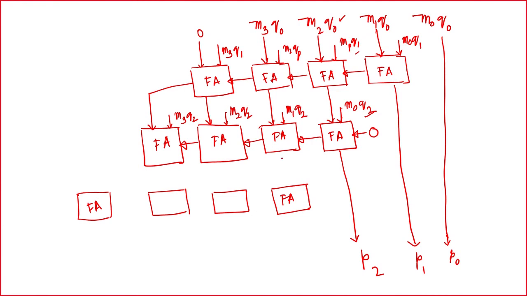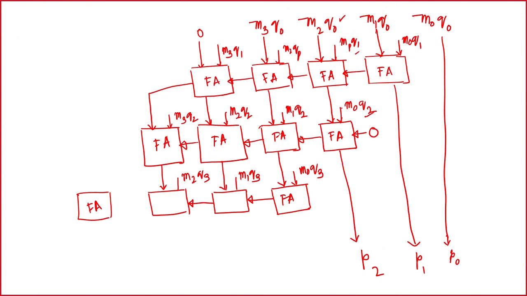So, here results will come here, then here you can write M0 Q3, results will come here, here M1 Q3. Okay. Results will come here, this will be M2 Q3.